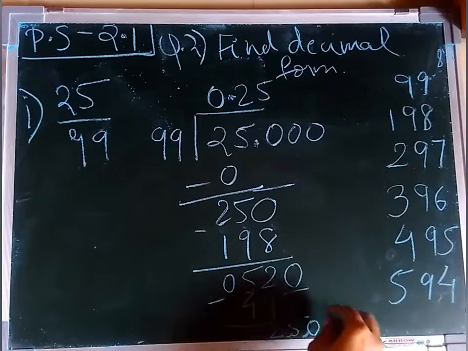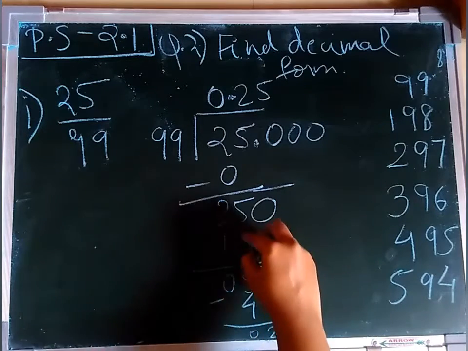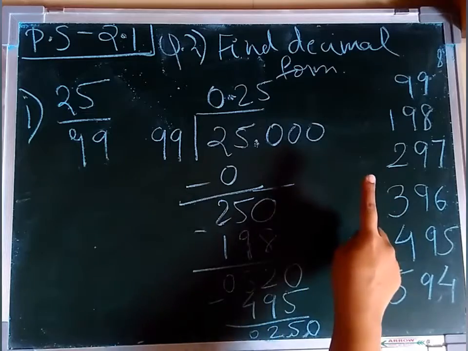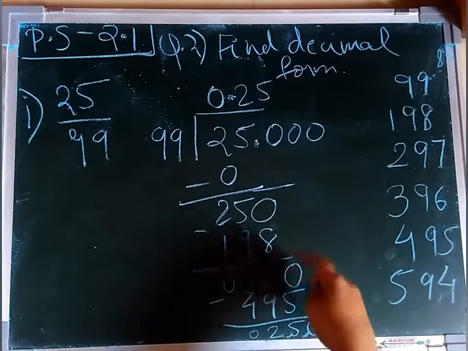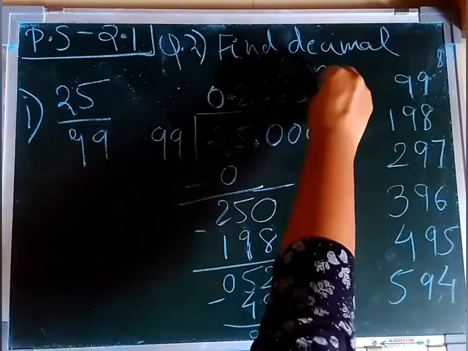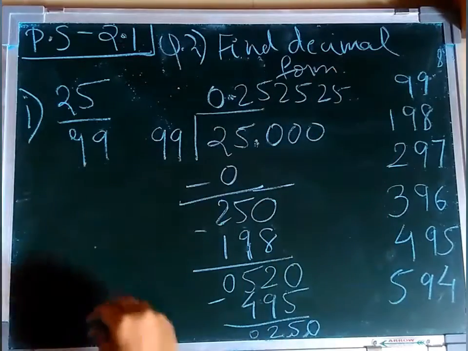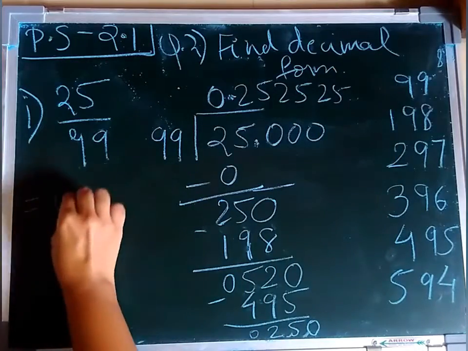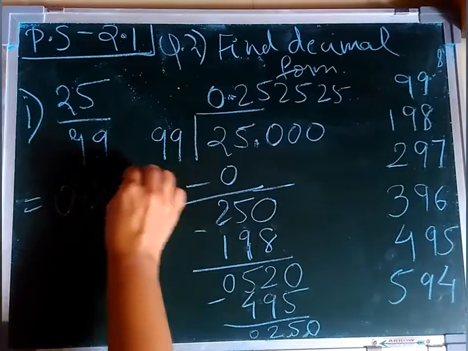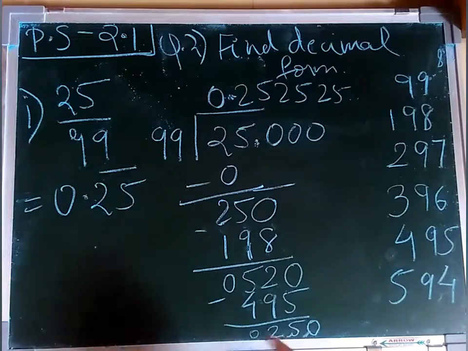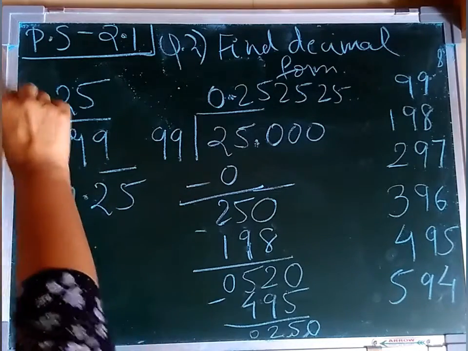Again I get 250. Now again this will repeat. That is 2s are 198. So 2525 will repeat. That means this is same as 0.25 with 25 repeating. This was the second problem.